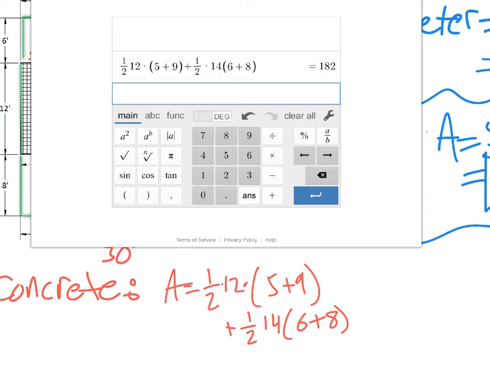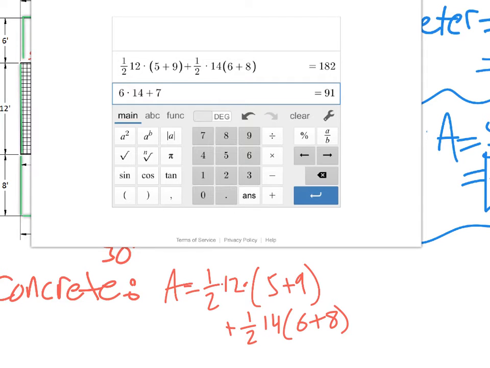If I was typing this in my calculator, I would just do this part in my head. 1/2 times 12, well, we know that's 6, times 5 plus 9 is 14. Plus, I know 1/2 times 14 is 7, times 14. I just did that part in my head, and it's going to be quicker than typing.